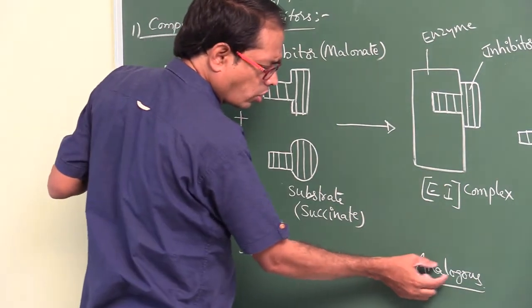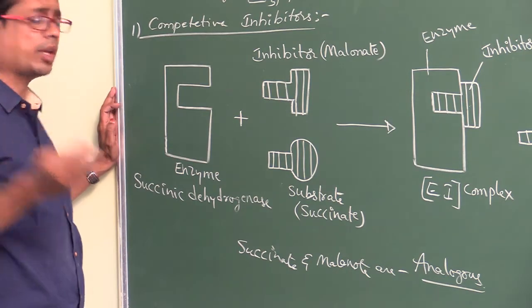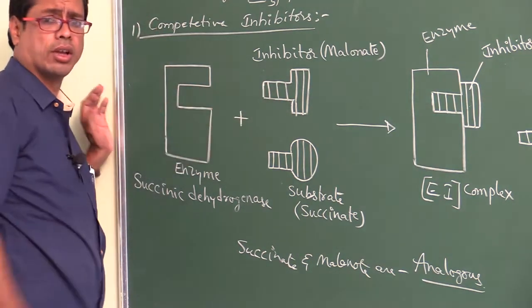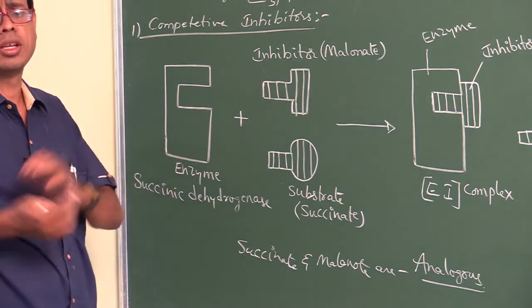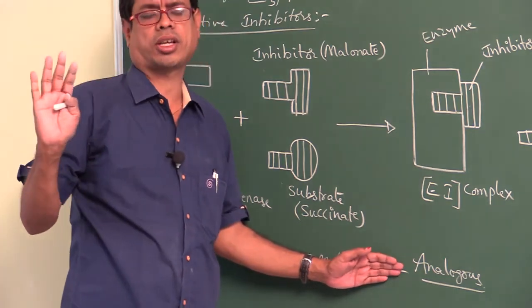Ana means different, logos means origin: different in origin, but same function. What is the same function? Binding of these substances at the active site. Function is the same, but origin is different. So both succinate and malonate are analogous structures.